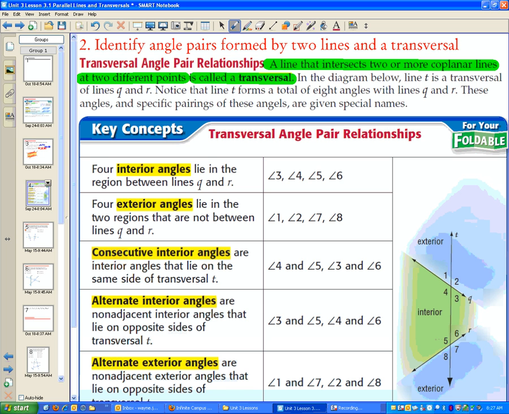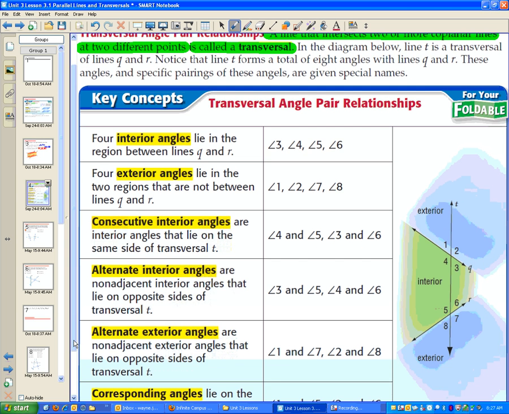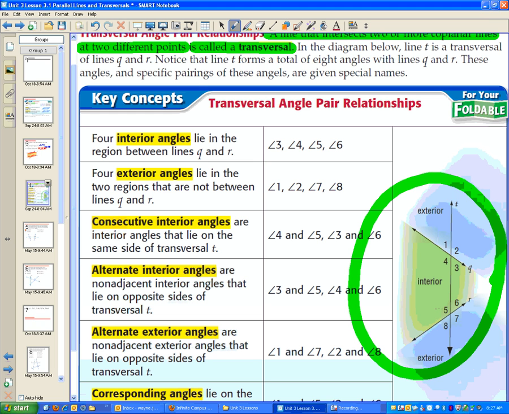Now, in the diagram below, so this one right here on the right of the screen, line T is a transversal of lines Q and R. Here's line T, line Q, line R. So T does fit the definition.